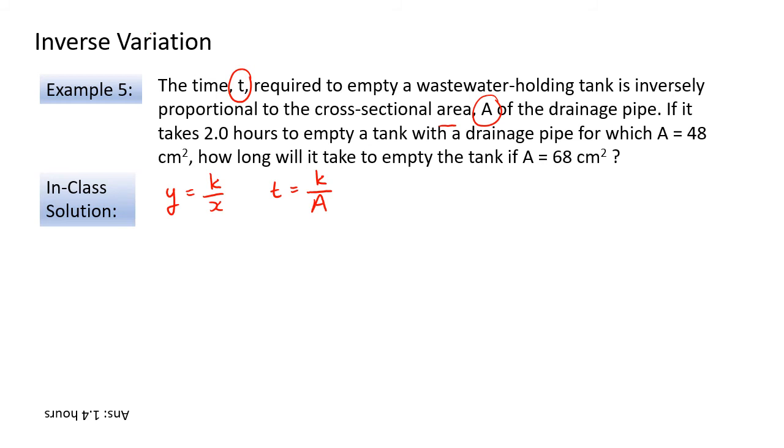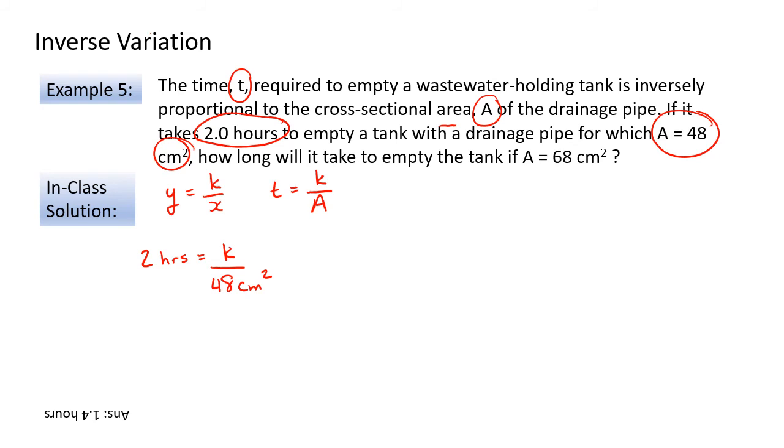So we can assume that it's just A. So knowing this first set of data points, 2 hours and the cross-sectional area 48 centimeters squared, we can substitute those values in. In other words, our time, 2 hours, is equal to k divided by 48 centimeters squared.